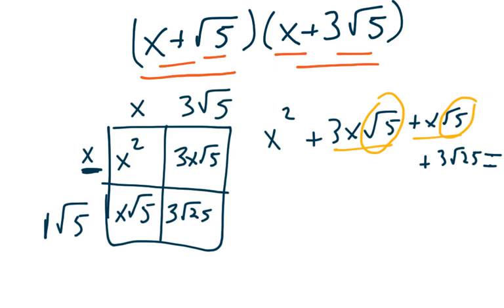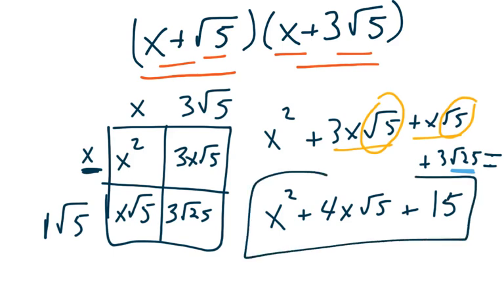So 3x plus x is like 4x. And this thing, because the square root of 25 is just 5, that's like 3 times 5, and that is just 15. So again, we can use the same method we do with polynomials to make sure we multiply everything correctly in this situation as well.